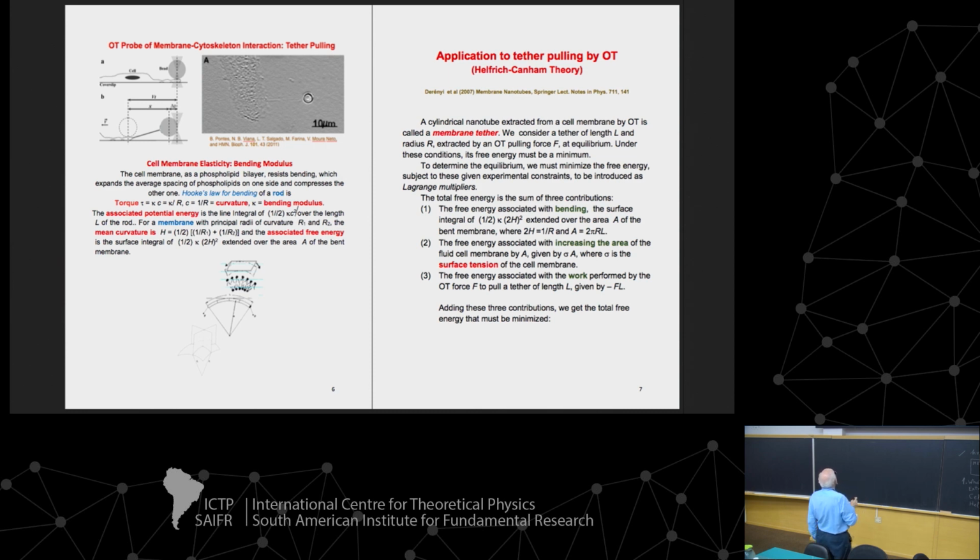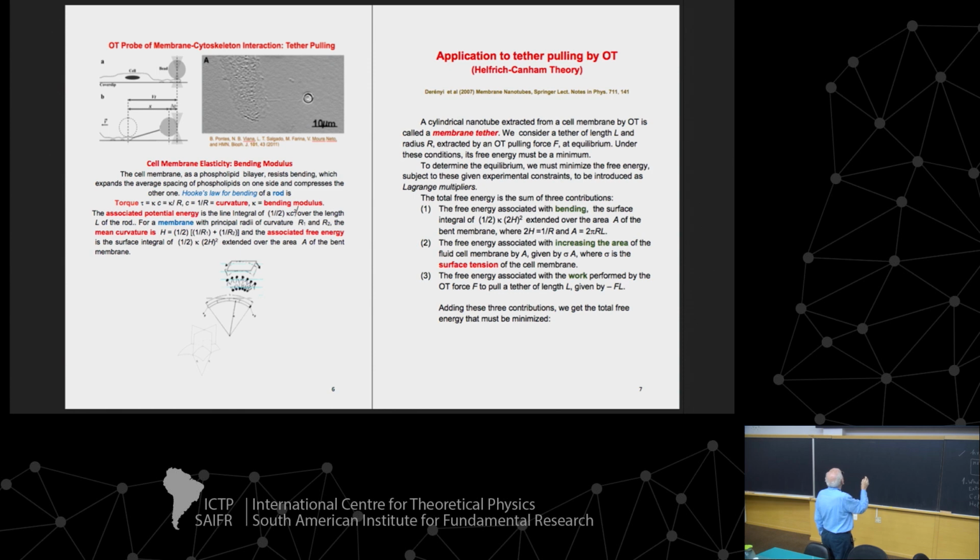So what happens is that you can displace the laser beam to pull on the cell membrane by using the gradient force. And what happens is that it pulls out a nanotube, in other words, a cylindrical membrane tube, which is very narrow, and that's what is called the tether.